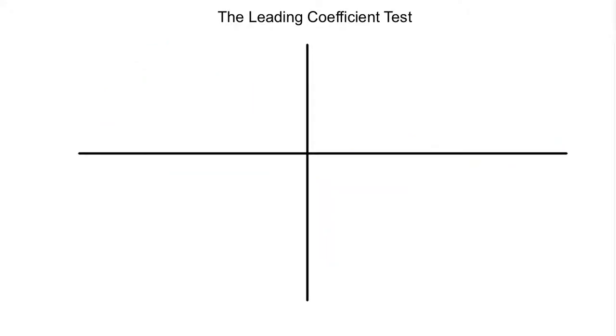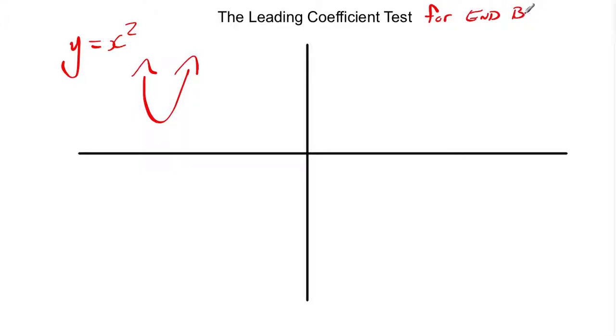Now we're going to be looking at functions and trying to visualize how they graph, or how they look. So if I have y is equal to x squared, hopefully you can picture what this function looks like. It's a parabola, and it looks like this. We're going to be looking at end behavior.